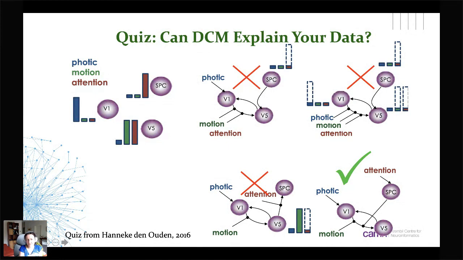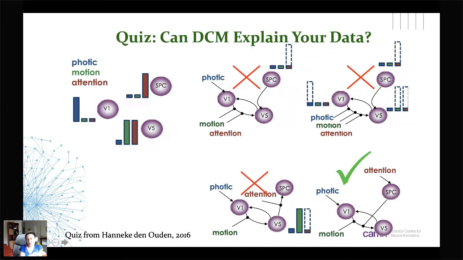Then the lower left, you would have the predicted effect between V1 and V5, so you could explain that, but attention modulating V5 to SPC would not give an increase in activity in SPC as a function of attention, because the effect of attention is not driving SPC, but rather just the connectivity from V5 to SPC.